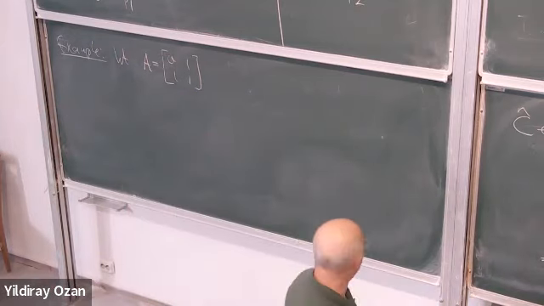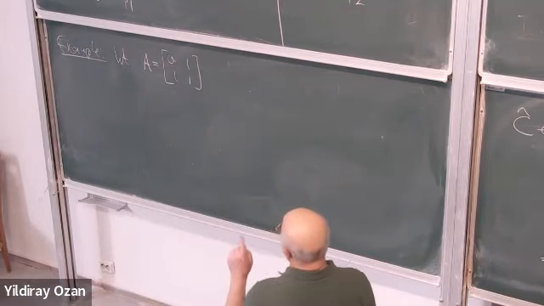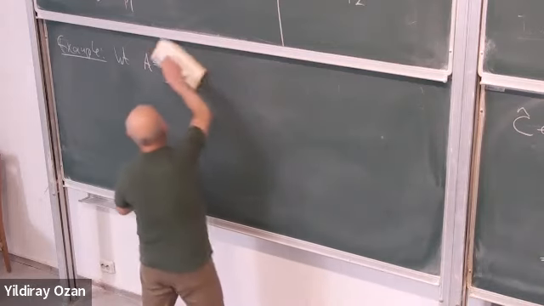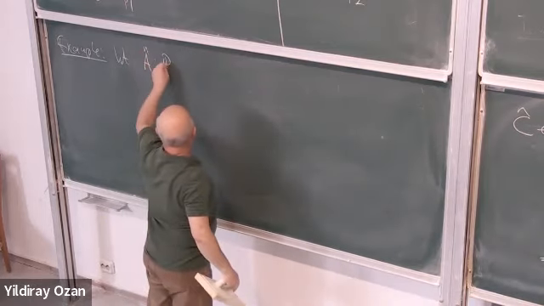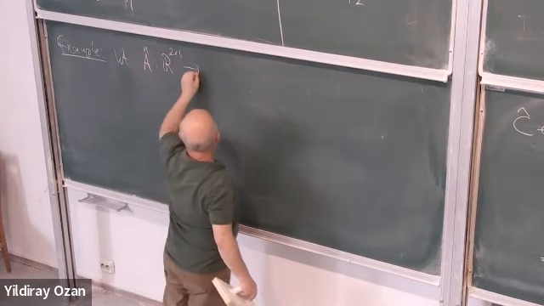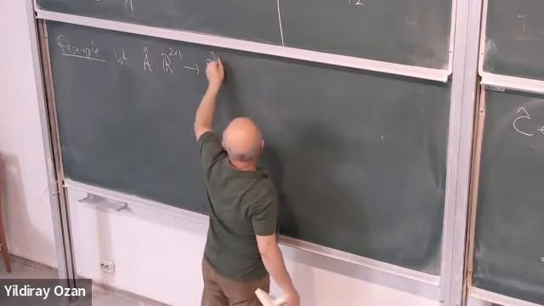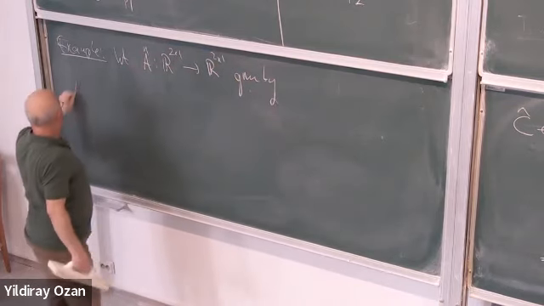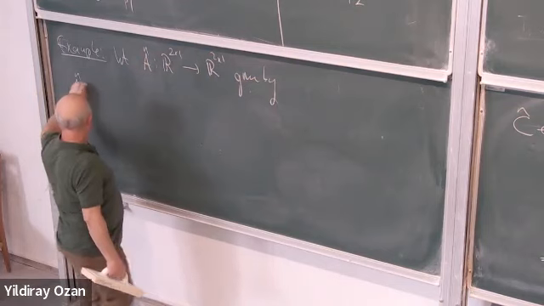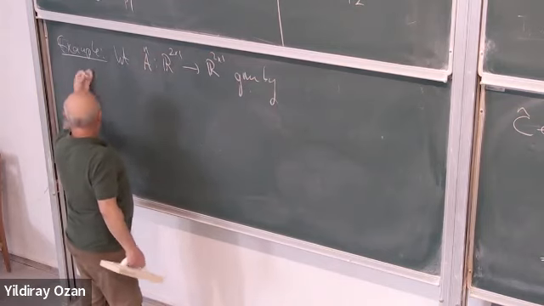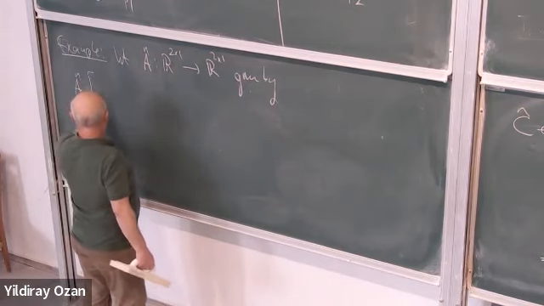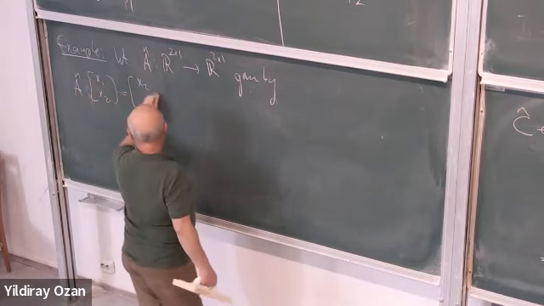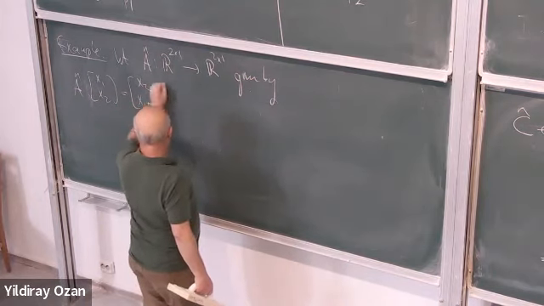A hat is considered as a linear map from R2 to R2, given by A hat of X1, X2 is just X2 here, X1 plus X2 here.